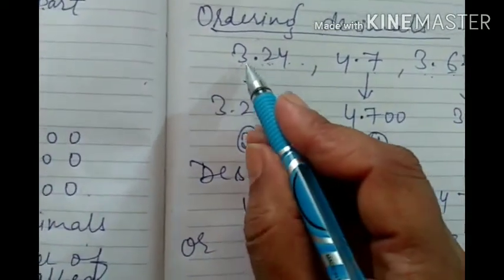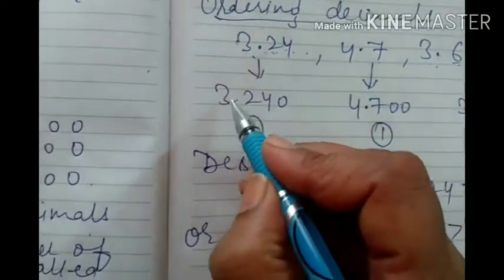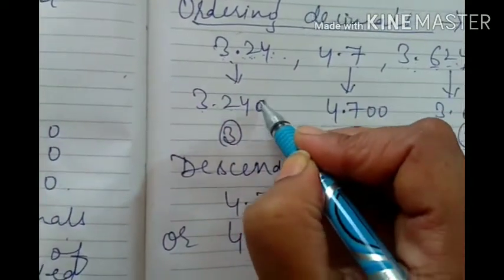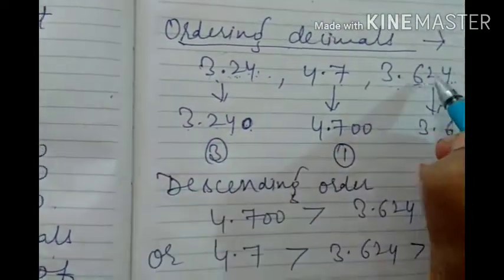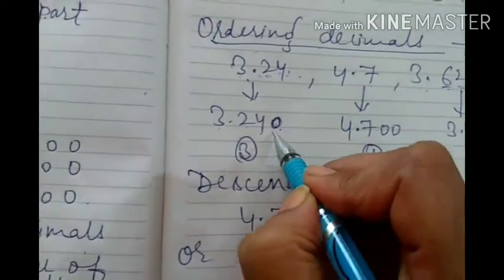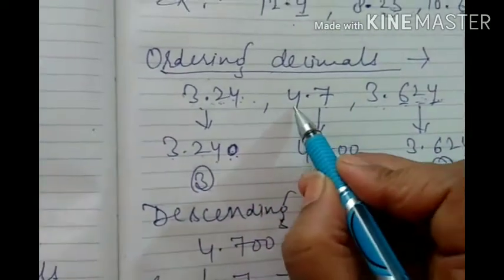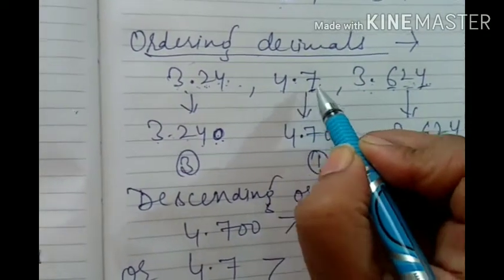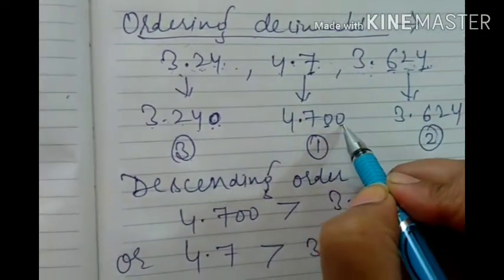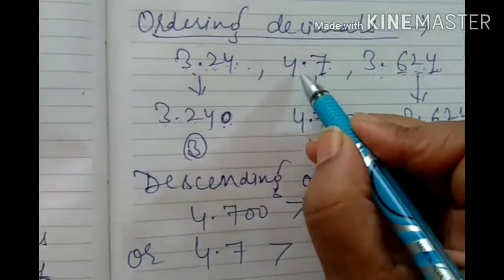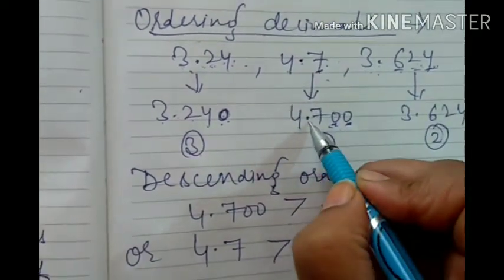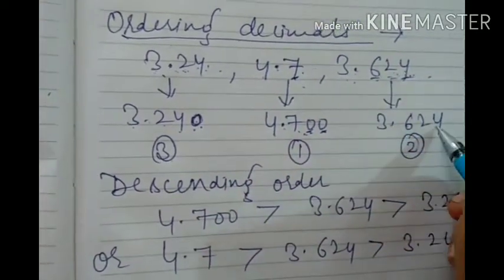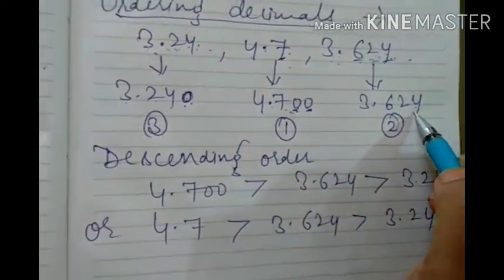So in place of 3.24, we will write 3.240, placing a 0 after 4 to complete 3 digits. Then 4.7, after the point we have only 1 digit. To make 3 digits, we place 2 more zeros. 4.7 is the same as 4.700. Then 3.624 we take as it is.